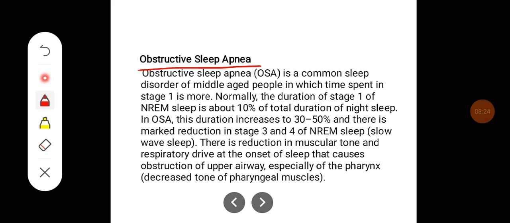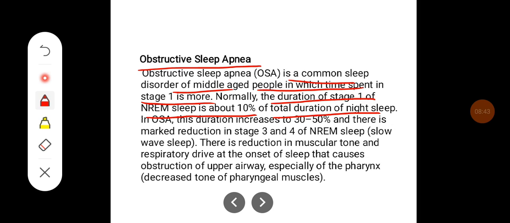Coming to obstructive sleep apnea. Obstructive sleep apnea is a common disorder of middle-aged people, in which time spent in stage 1 is more. Normally, the duration of stage 1 sleep is about 10% of the total duration of night sleep.